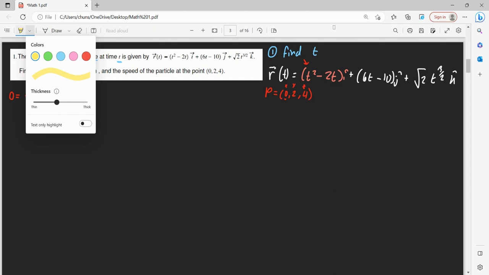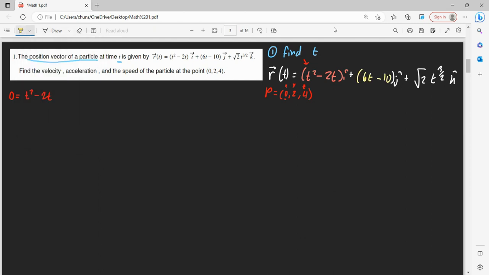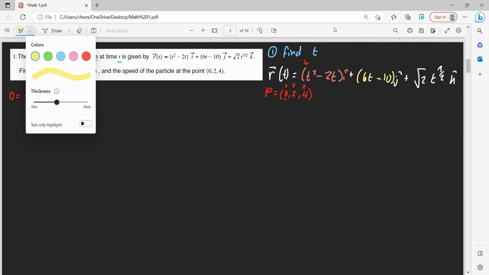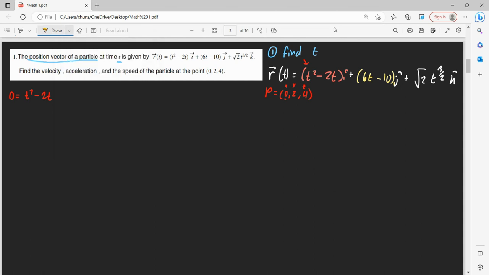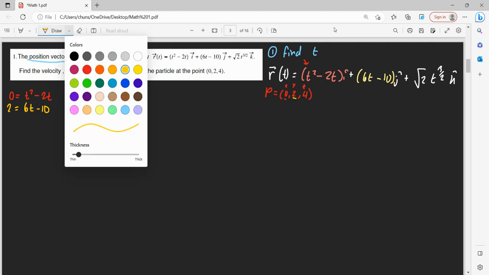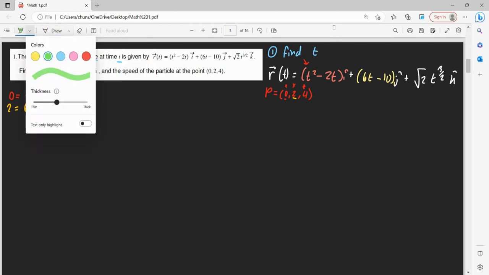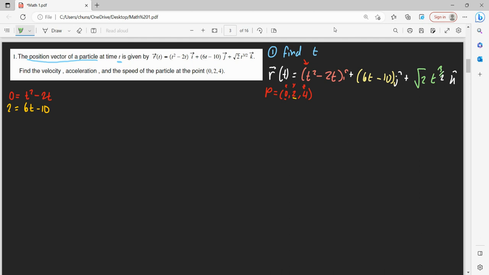Let's do the same with the second one. We want it to equal 2 now, because that's the y component of our point. So 2 equals 6t minus 10. And lastly, our k term.